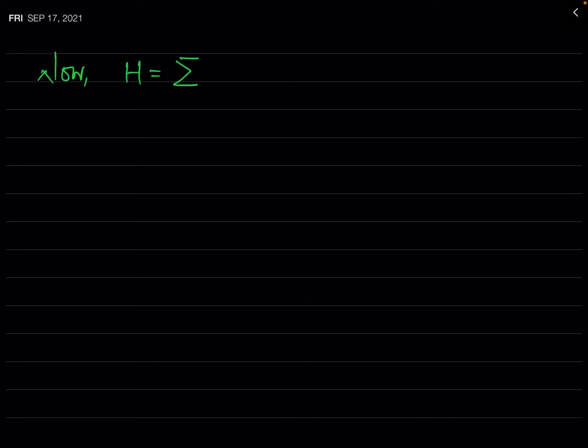Hamiltonian H is defined as summation over k pk qk dot minus L. And this term, summation over k pk qk dot, may be written as P dot V. So this is P dot V minus L.